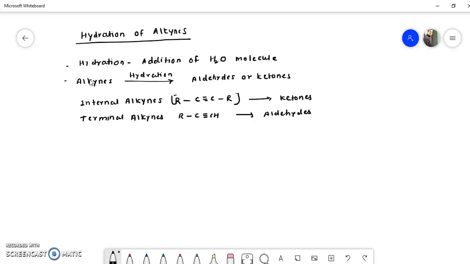Now we will see the example of this hydration of alkynes. Okay, so consider the first example. I will take a simple alkyne, that is CH triple bond CH.